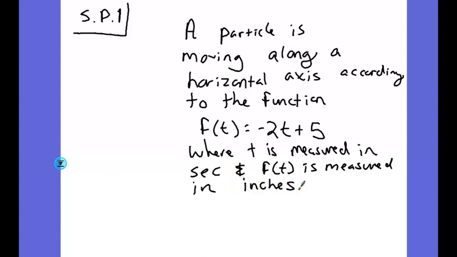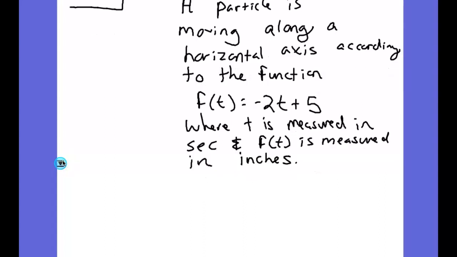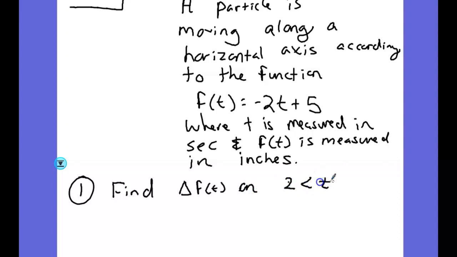Okay, so this time I'm going to throw some units on here, you guys. Go ahead and answer the question I'm going to put up here in just a second. But after that, we're going to use this to kind of catapult into the next part of our lesson. So make sure you write this down. We'll call this one, find delta F on the interval 2 to 8.